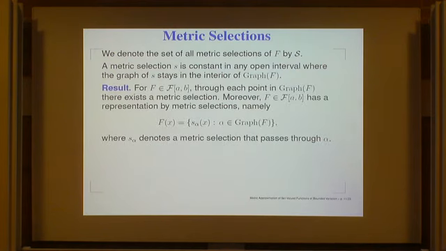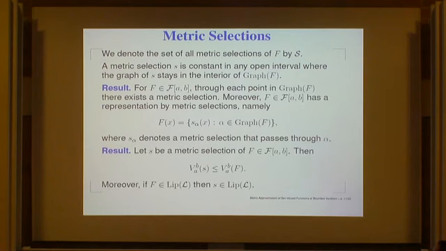And for good functions, for our functions with the closed graph and bounded variation, it can be shown that through each point there is a metric selection going through it, and the graph of F is actually a union of graphs of all metric selections.